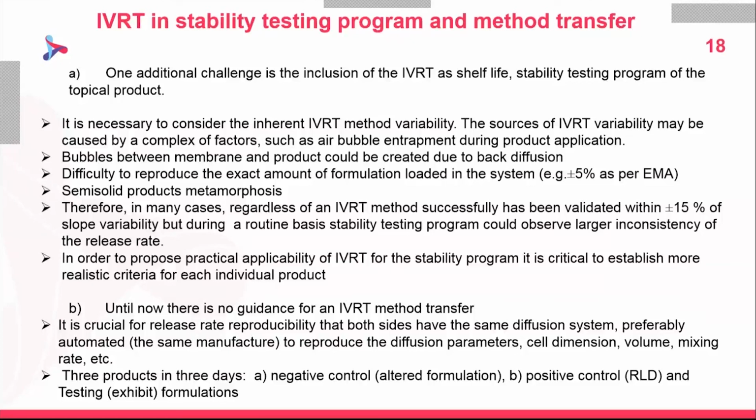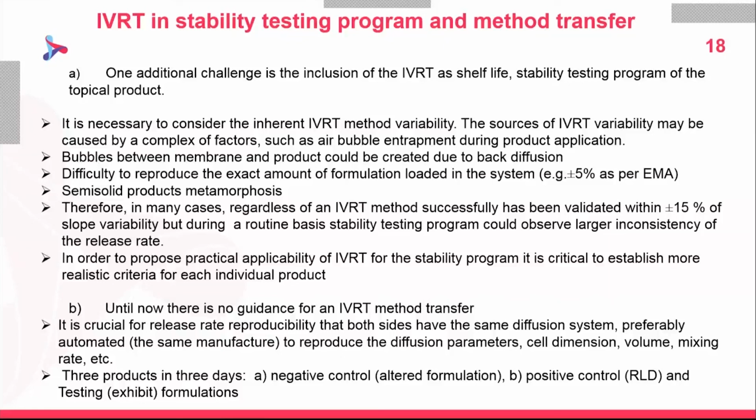In order to propose practical applicability as desired, it is critical to establish more realistic criteria for each product. It is also suggested, and important, to include the reference lot at each time point during the IVRT run as a positive control, to make correct judgments when an abnormal slope is observed that is not related to testing error.